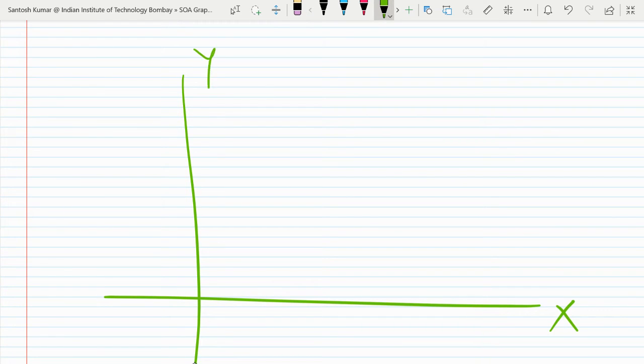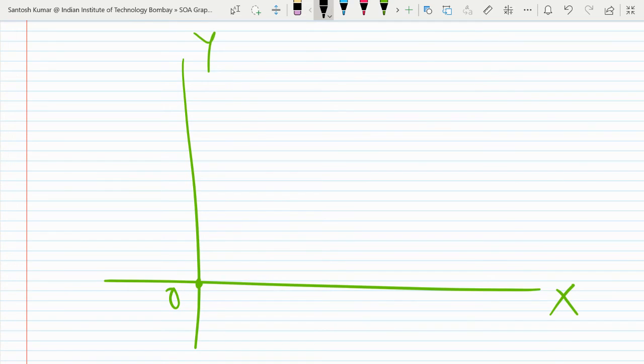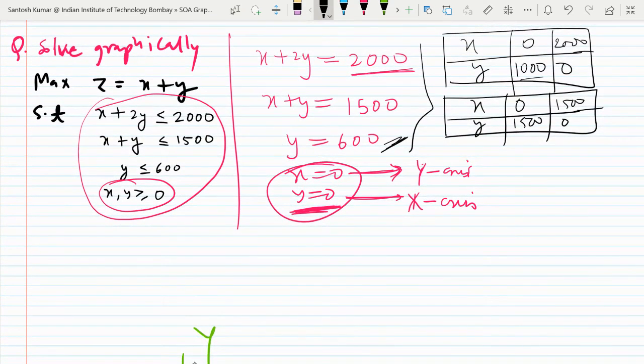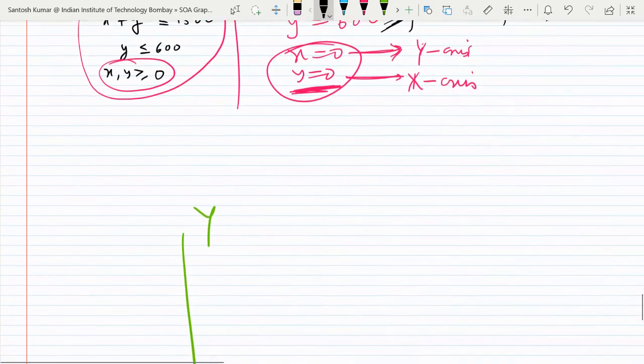This is the x-axis, the y-axis, and this is the origin. What scale should I take? Here I need x till 2000 and y till 1000.